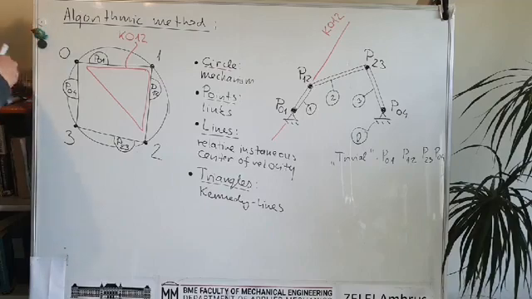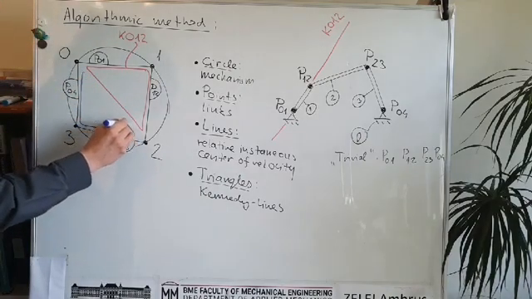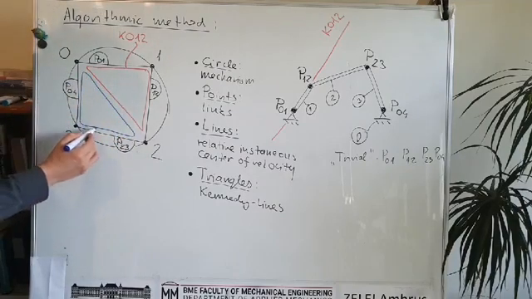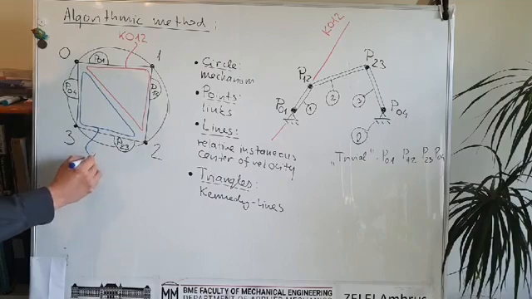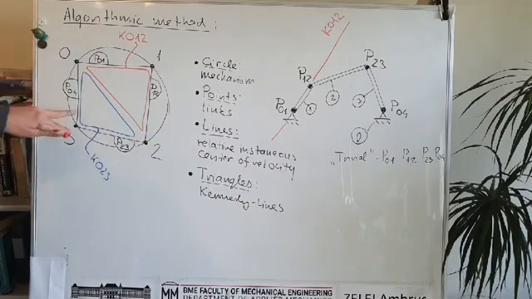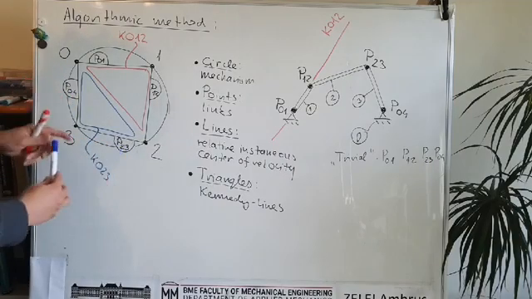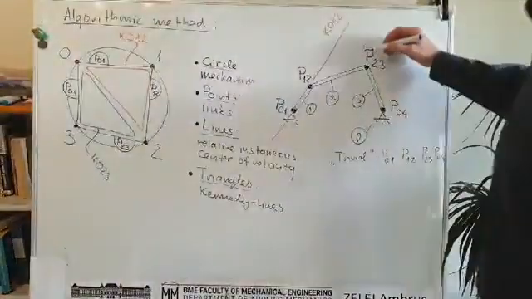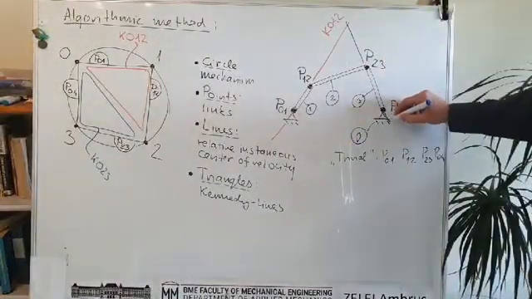And I can do the same. I hope I will not run out of colors. So I can do the same with this Kennedy line, which is the 0, 2 and 3 Kennedy line, and accordingly I can draw it in the figure. So P04 and P23 are the points through which the Kennedy line goes.